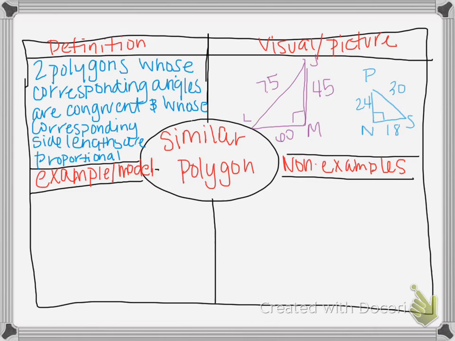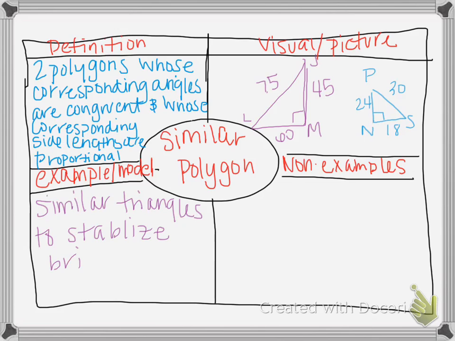So I looked up online that they use similar triangles to stabilize bridges. And that can be an example or a model.